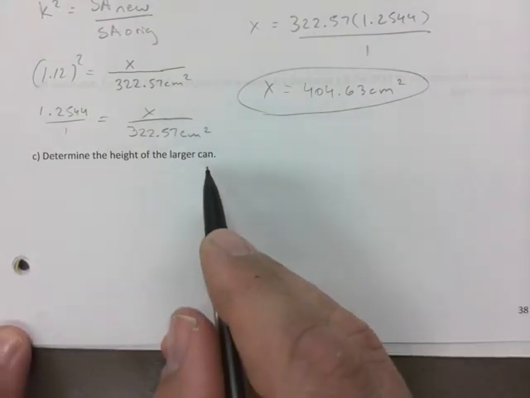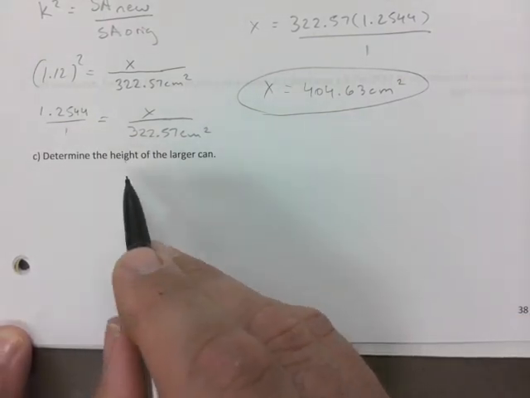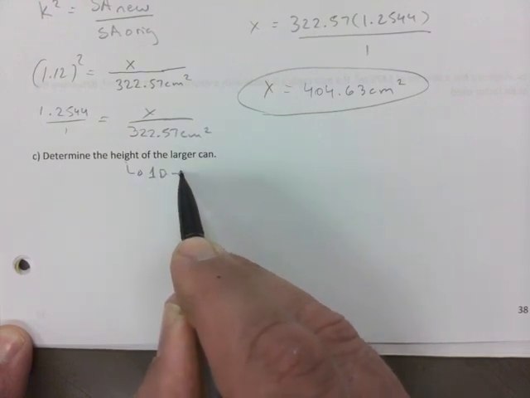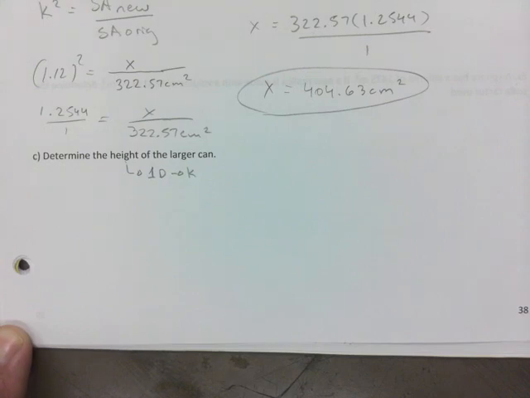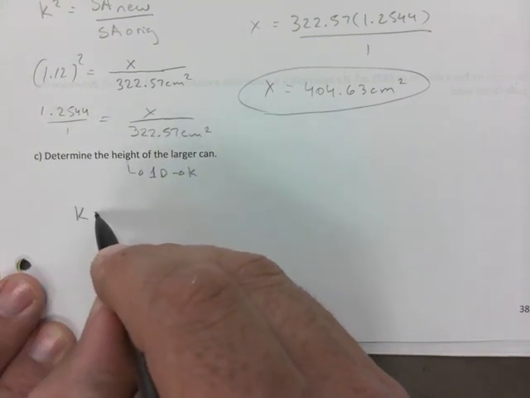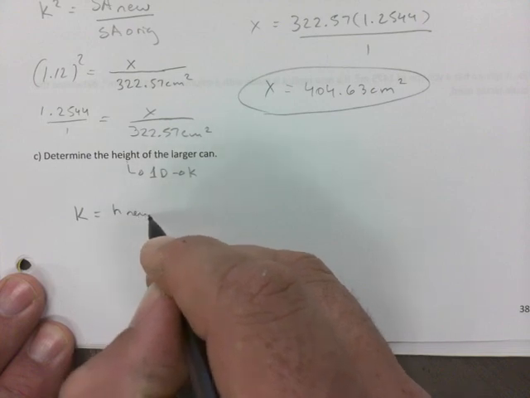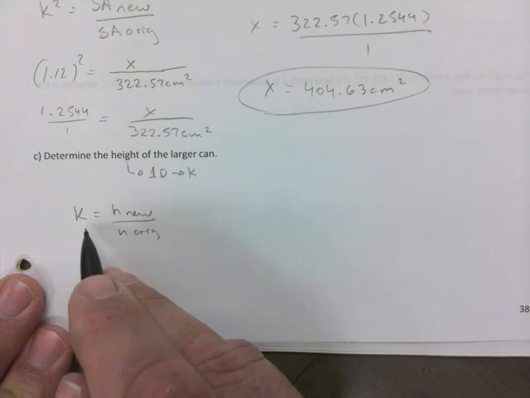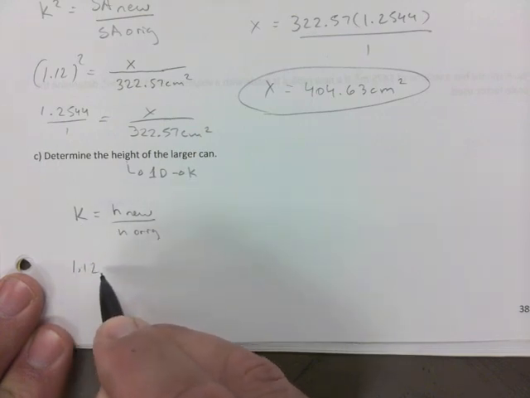Determine the height of the larger can. The height is one-dimensional, which means you're just going to use K, the very first formula. So you're going to go height of new over height of original. K is just 1.12.